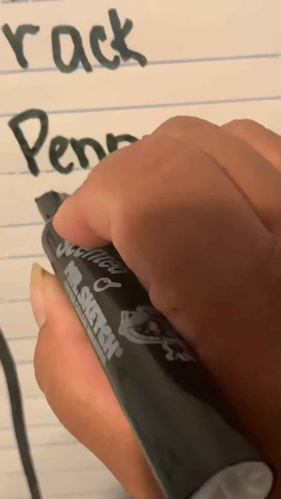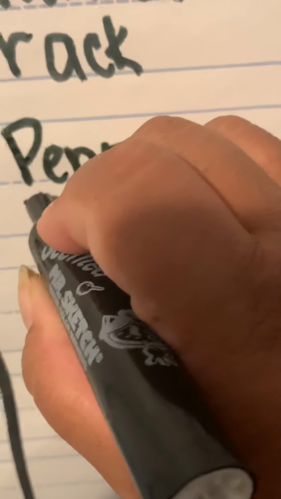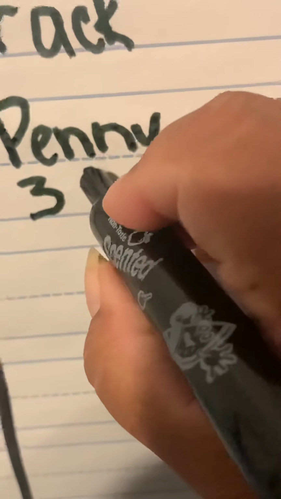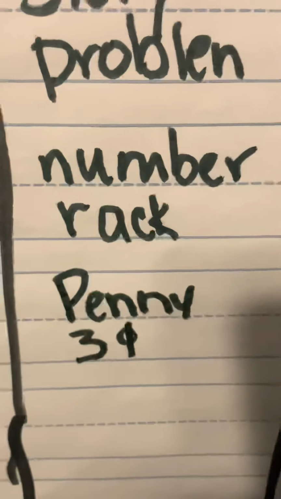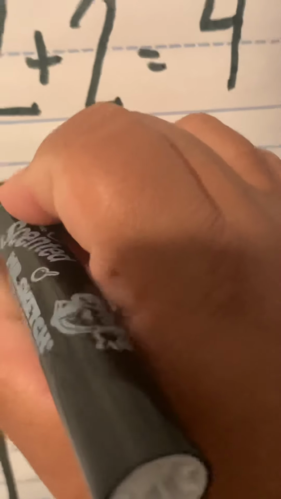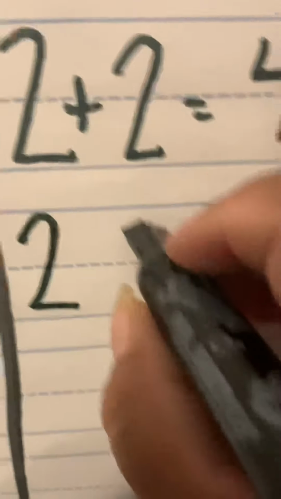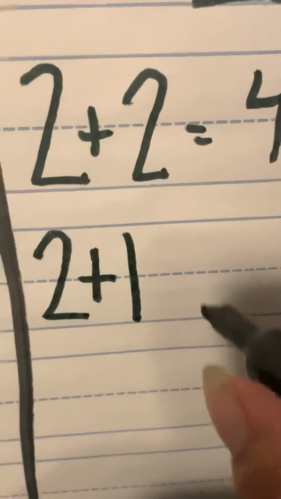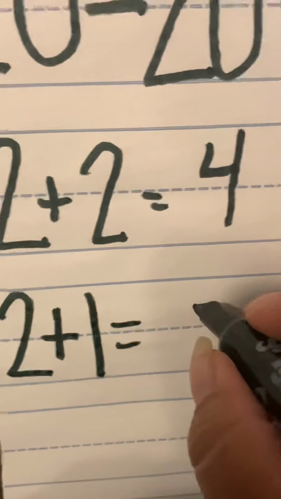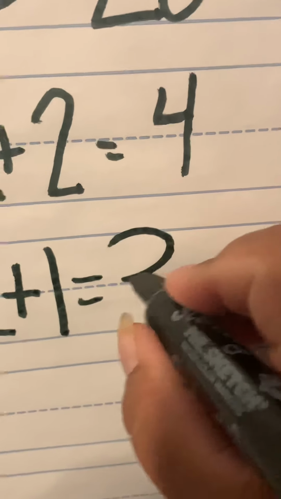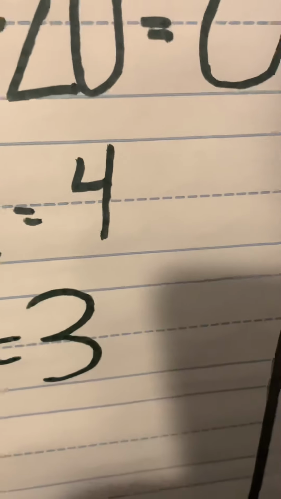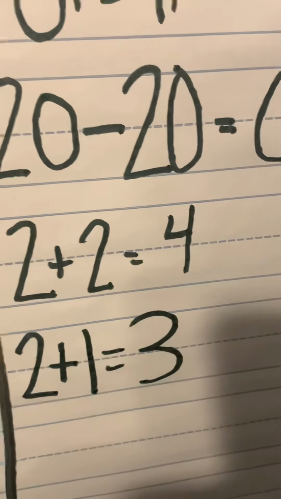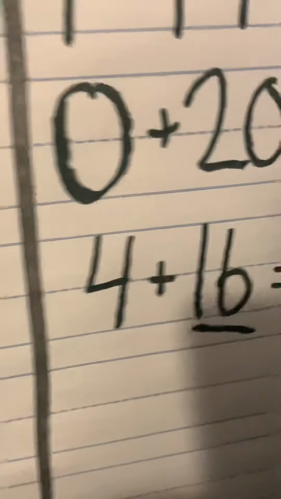And there's 3 of them, so that means that there's 3 cents. And there's 2 on one side and 1 on the other. So we can say our equation is 2 plus 1, which equals 3.